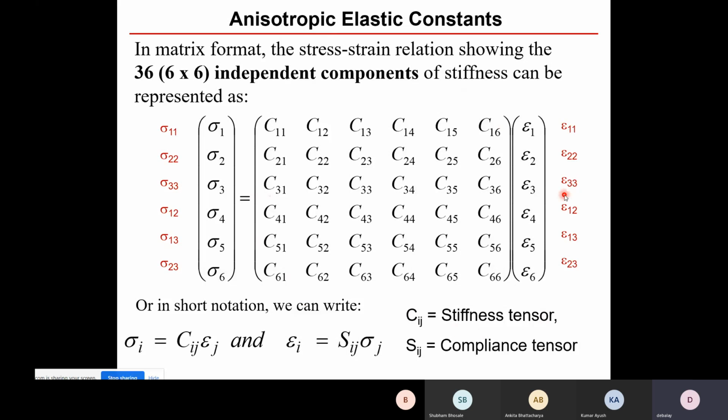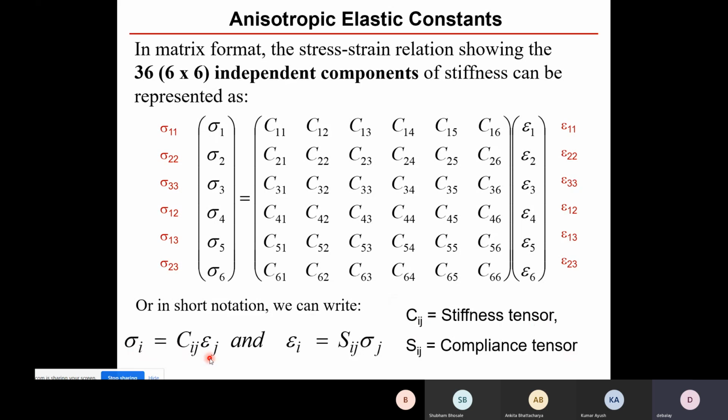Similarly, if you represent epsilon equals a constant into stress tensor, that is called the compliance tensor, and the compliance tensor is Sij. Mark this difference. C doesn't mean compliance. S means compliance tensor. C is the elastic stiffness tensor. So sigma i, the stress tensor, equals stiffness tensor into epsilon, the strain tensor. Strain tensor equals compliance into stress tensor.